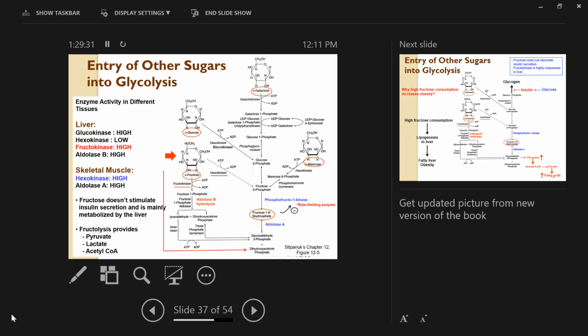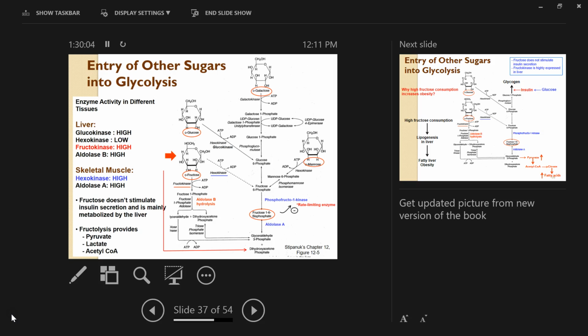So fructokinase metabolizes fructose, and fructokinase is very highly expressed in the liver. So fructose metabolism primarily occurs in the liver. Fructose is mostly metabolized in the liver because of the high levels of fructokinase. All right?